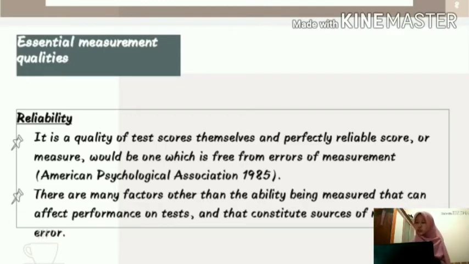So if they take the same test a day later, the test does not yield consistent results, and the score cannot be considered a reliable indicator. So we can say that reliability is consistency.